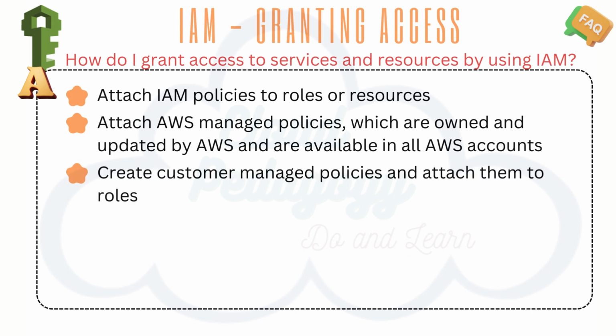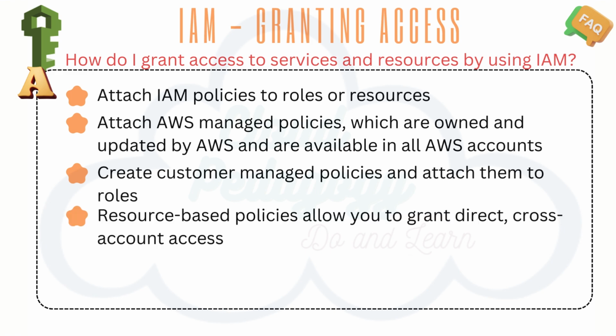If you know the specific permissions required for your use cases, you can create customer managed policies and attach them to the roles. Some AWS resources provide a way to grant access by defining a policy attached to resources such as Amazon S3 buckets. These resource-based policies allow you to grant direct or cross-account access to the resources they are attached to.